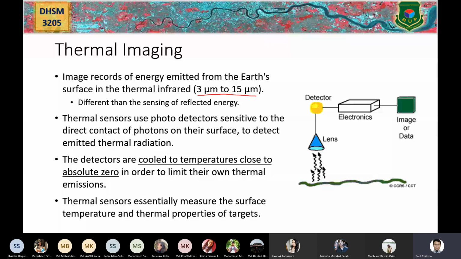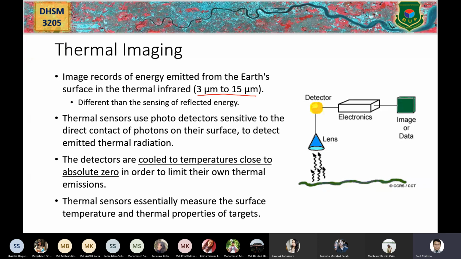And we have seen in Landsat 8, if you have already checked out the Landsat 8 data from the USGS website, that the images contain 2 bands for thermal imaging, or 2 thermal bands. One band contains the signal from the first portion, within 3 micron to 8 micron, and the later one belongs to the second portion of the thermal imaging, that is from 8 micron to 15 micron.